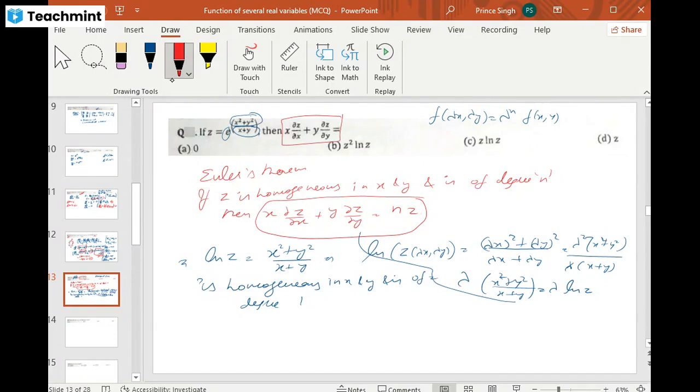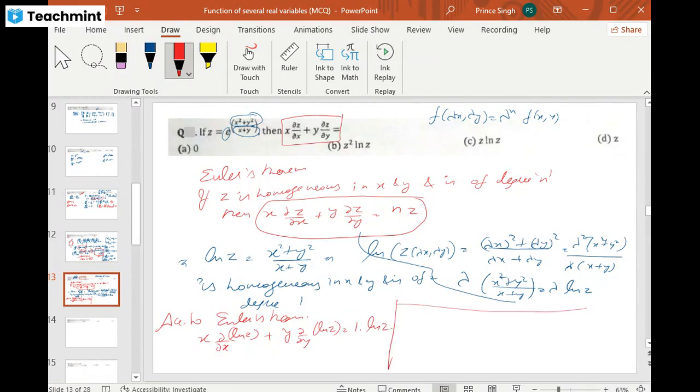Then according to Euler's theorem, this result is applicable for log of z: x curly x of log z plus y curly y of log z is equal to n times log z. What is n? It is 1.